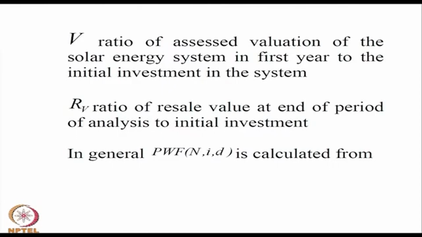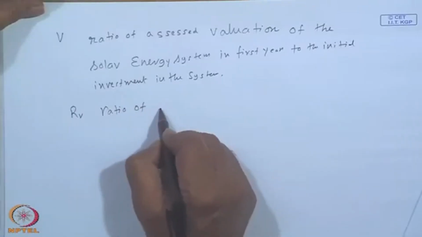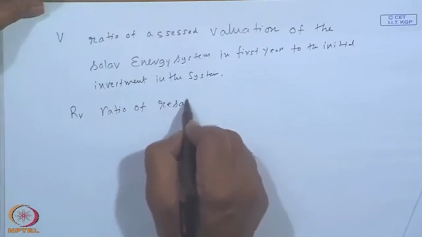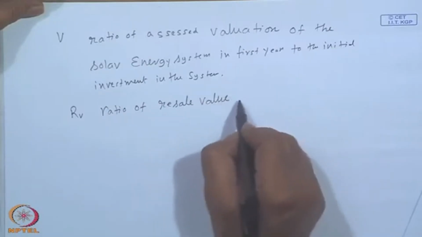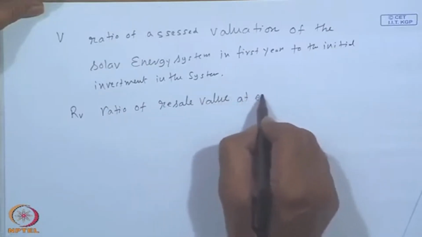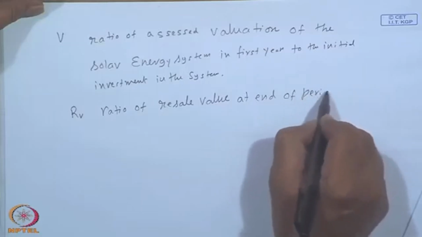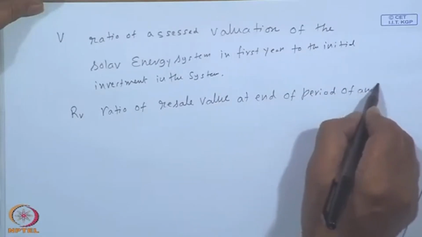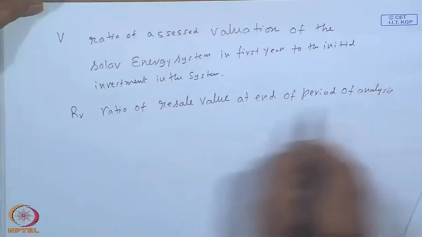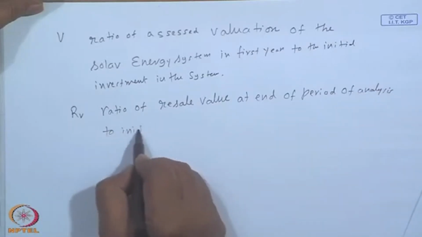RV is the ratio of resale value at end of period of analysis to initial investment.